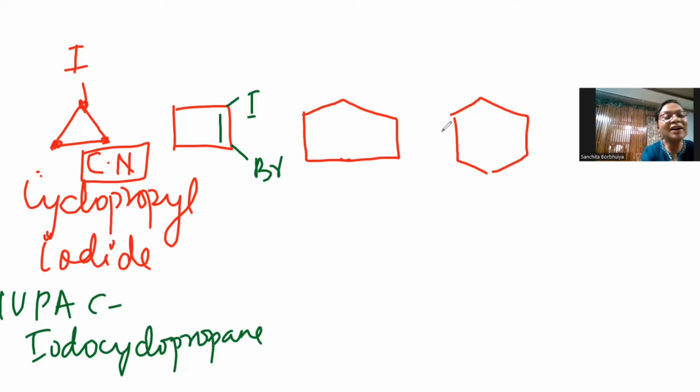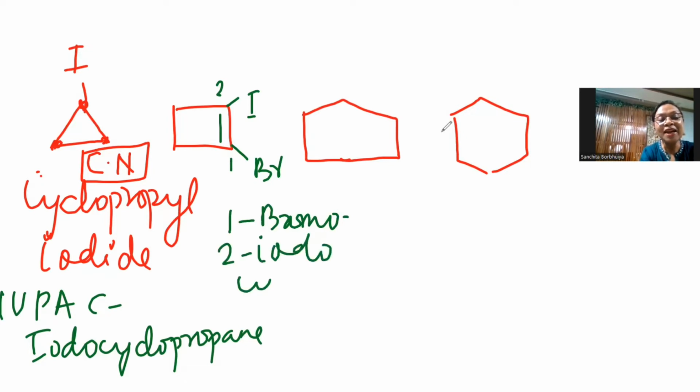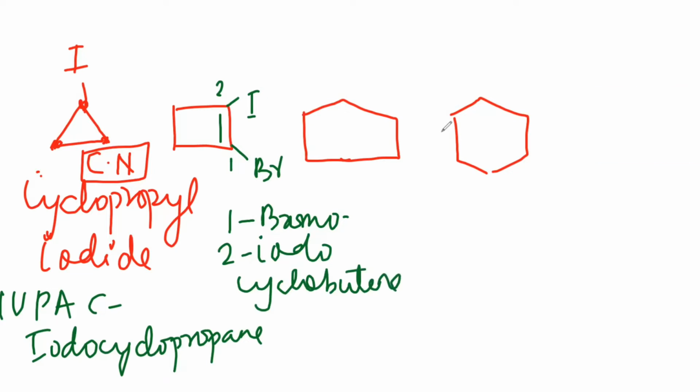Okay, so these cyclics with double bonds do not have common names. Straightaway we go to the IUPAC name, and I still hope you remember the A, B, C, D, E, F. Yeah, that's what I'm really hinting at, the alphabet rule. Yes. So this is 1-bromo, 2-iodo, cyclobutene. Common name, not known.